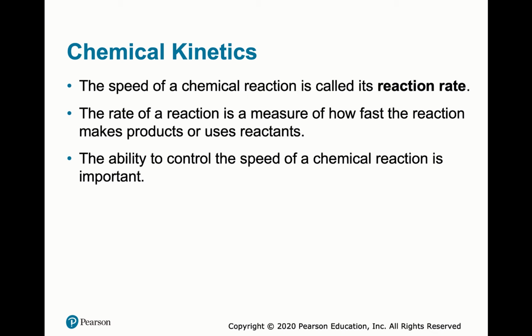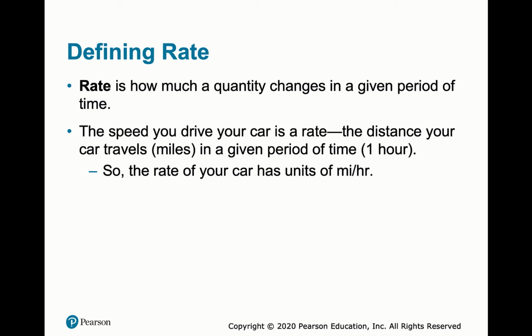It's very important that we can control the speed of chemical reactions. This is because we make stuff, and knowing how to control chemical reactions, have chemical reactions happen that we want to happen, and prevent reactions that we don't want to happen, is all very important for our industry.